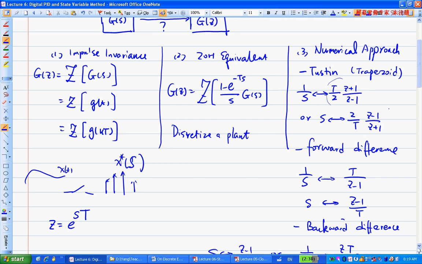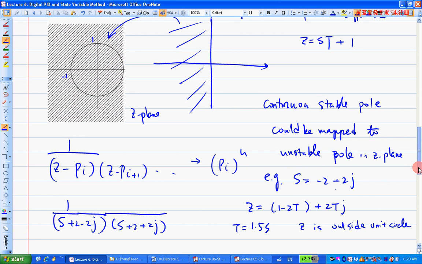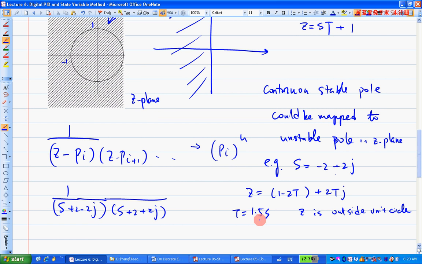You shouldn't expect to get exactly what happens in the continuous system. To make it stable, you can increase your sampling frequency. But if your sampling time has to be fixed, then you can't use forward difference. So you have to choose an appropriate method to do this conversion.